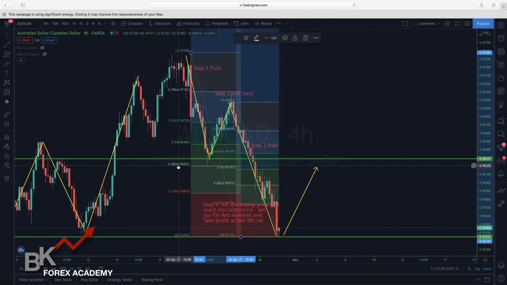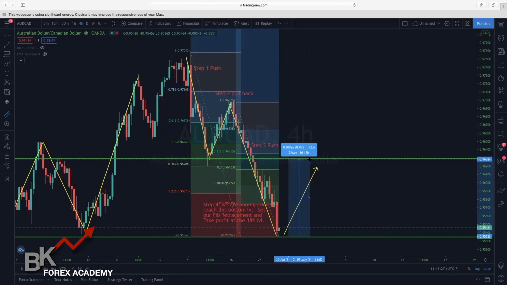So you want to get out at the 38% level here. So as long as it's in the green level, we know that chances are it's going to pull back at that level and you can take profit. If I go ahead and get my ruler here, from this level to our line here, that is 92 pips. That's not bad for 2 days.